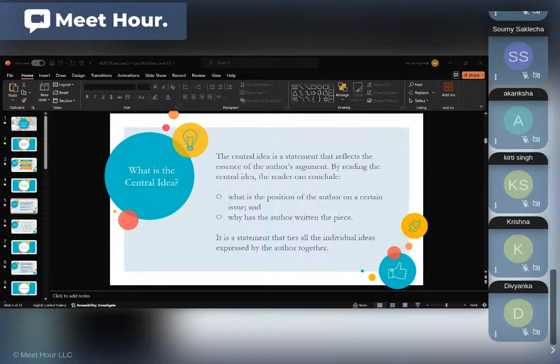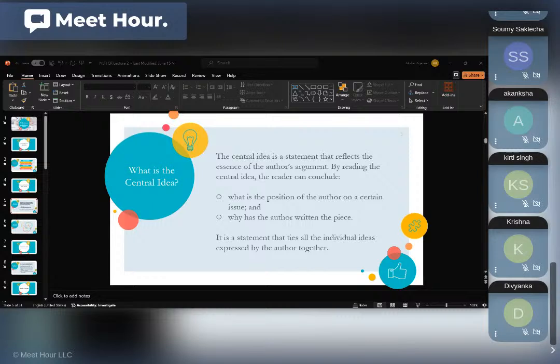Now that position of the author helps you identify what the central idea of the passage is. Let's say the passage is on the NTA, and the author has taken a position that the NTA is an incompetent body. Then when you see a question which says find the central idea of the passage, you can eliminate those options which don't resonate with the position of the author.